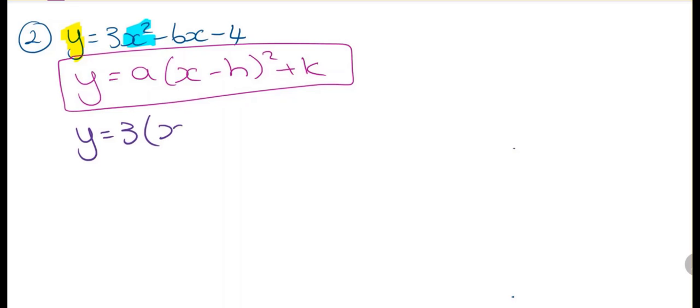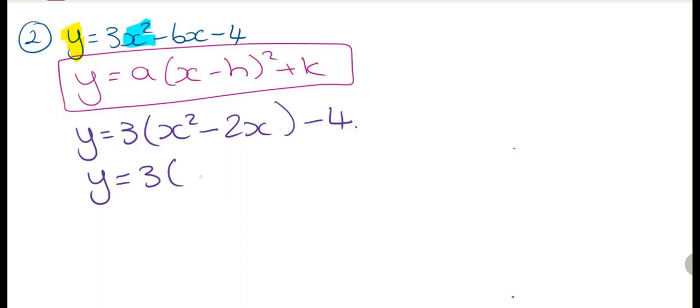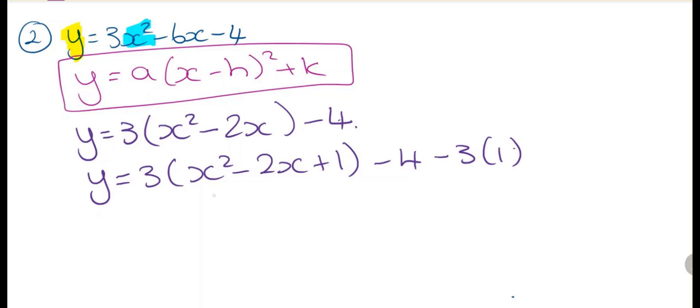So this is going to leave us with x squared, 6 divided by 3, so that's going to be 2x, and I'm going to write the minus 4 outside. So now we need to complete the square. So x squared minus 2x plus 1, and this will leave us with minus 4. But we now need to minus the 3 times the 1 that we added.